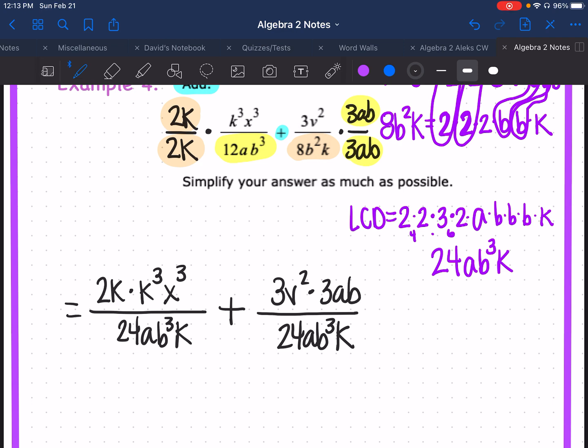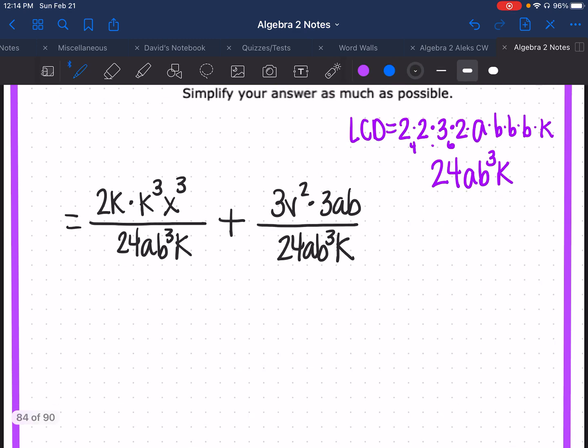Now, there's really no reason as to which one goes first. I'm just putting it in order from left to right. So that's why I put this one times this one for this rational, and that's why I put this one times that one for this rational. There's really no rhyme or reason to it. I'm just going in order.